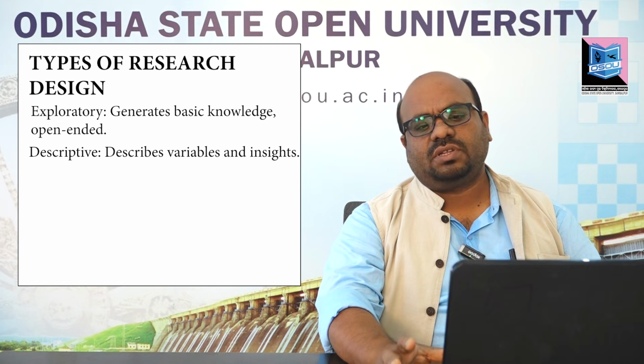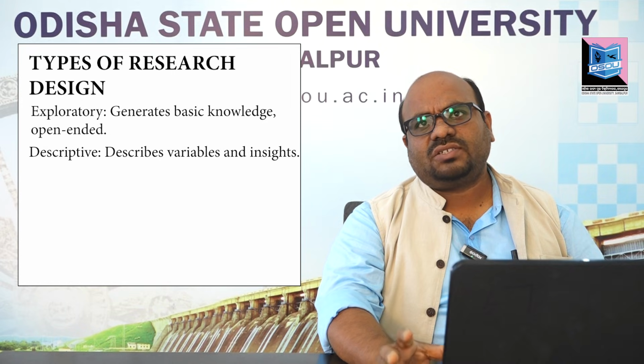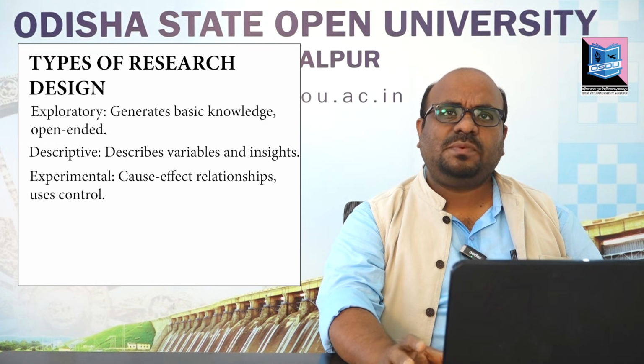The second one is the descriptive research design. This research design is used to describe things like people, situations, or behavior. It helps in understanding what something is like, how it happens, and how different things are related. Then, what is the experimental research design?